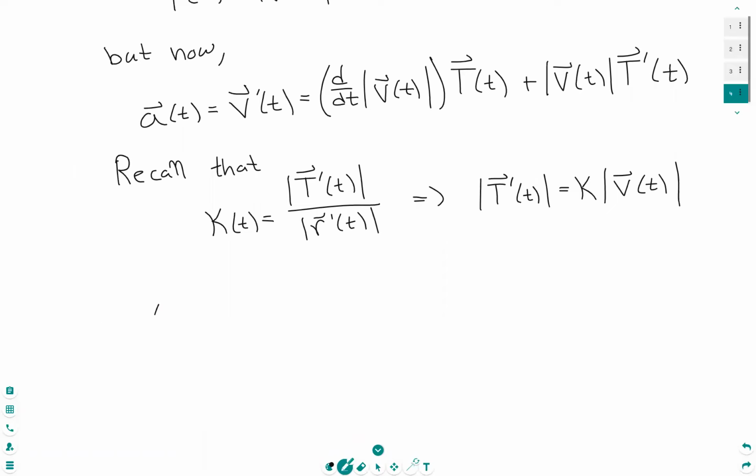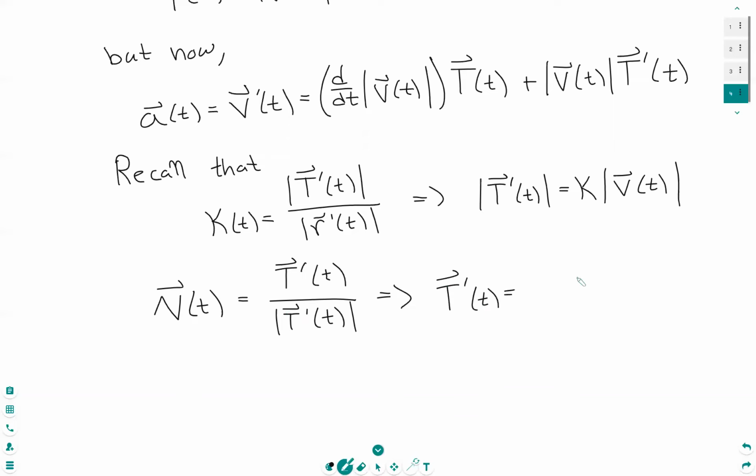Now, we also note that our unit normal vector was defined as the derivative of our unit tangent divided by the magnitude of the derivative of our unit tangent. So by this, we can say that the derivative of the unit tangent is equal to the curvature times the speed, in the normal direction.